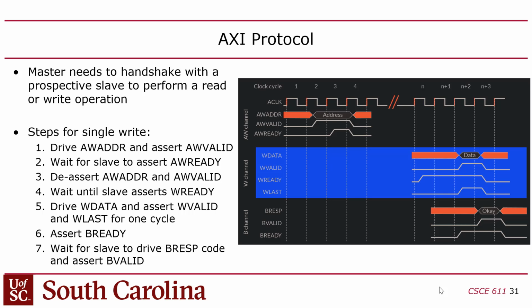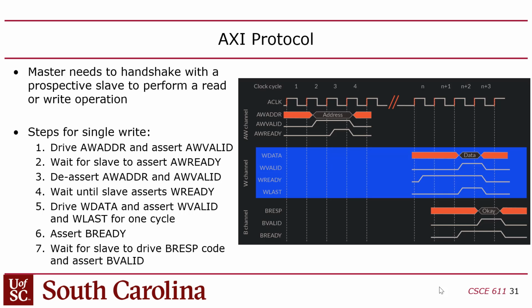Okay, so after you do that, I have to then send the data I want to write. I have to now switch to the write data channel. I have to wait until the target, the slave, announces that it's ready.